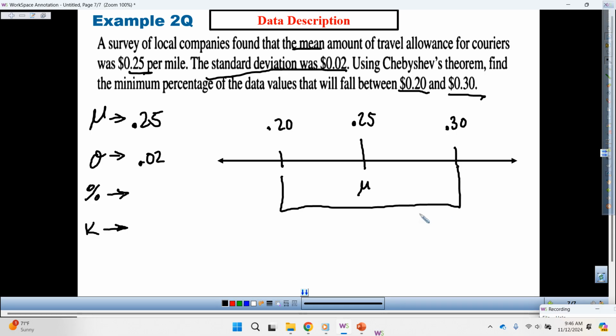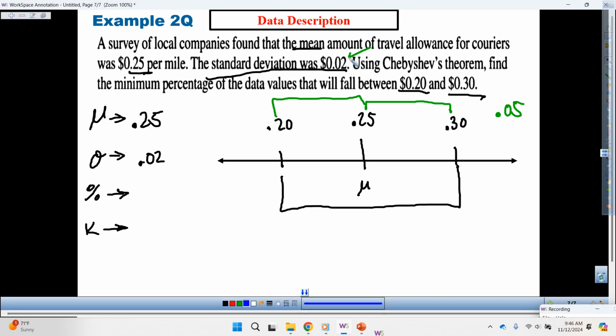So, check this out. In order for us to know the percent, first we need to know the K. Since we don't know the K, we need to find out what is the distance for each of these. What is the distance from here to here and from here to here? 0.05. So I'm going to write 0.05. Now, since I want to find out where I'm at in regards to standard deviation, what was the standard deviation? 0.02.